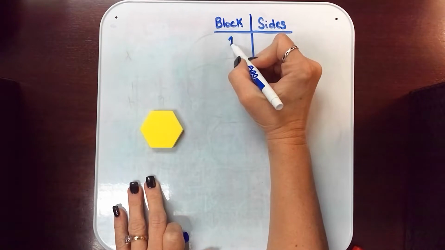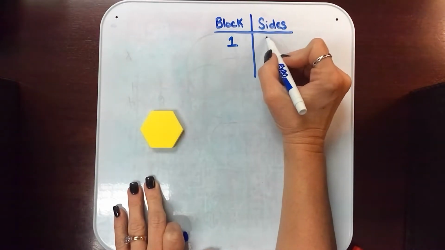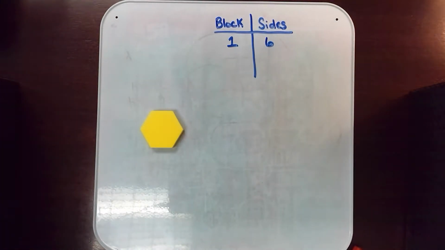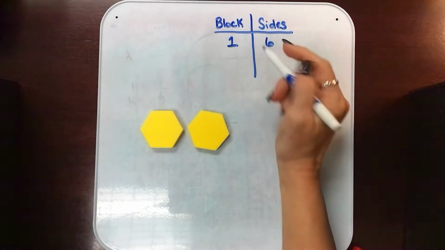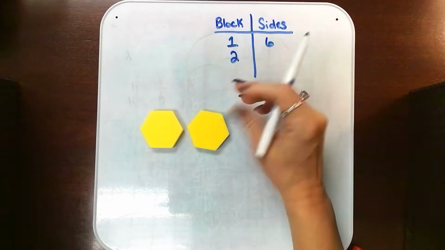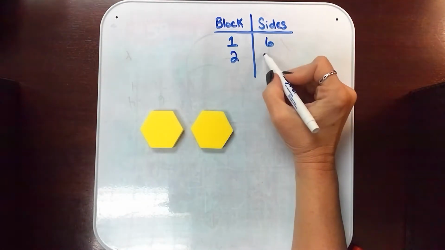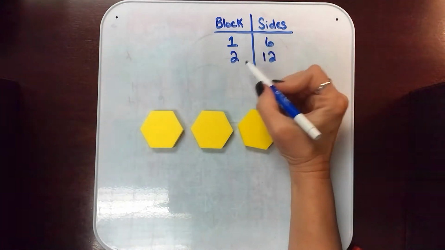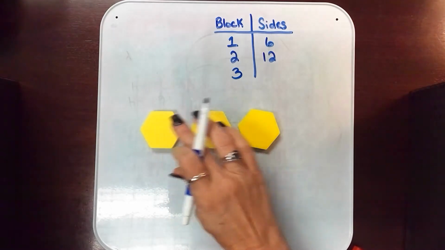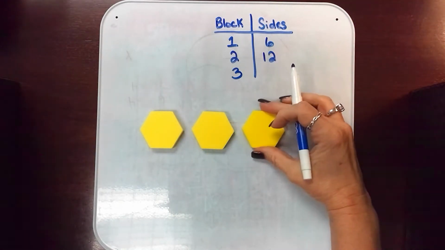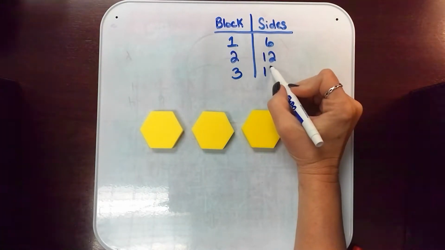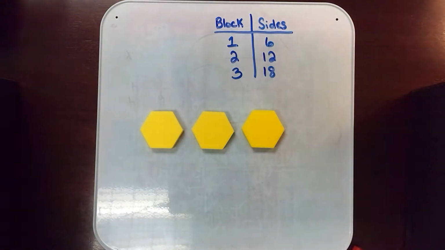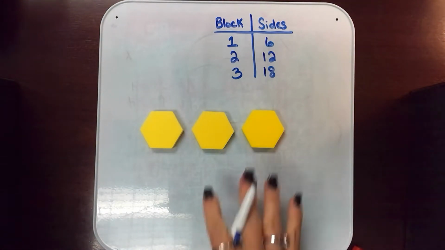So one hexagon has 6 sides, right? So what if I have 2 hexagons? 2 hexagons, 6 plus 6 is 12. 3 hexagons, 6 plus 6 plus 6 is 18. And so forth, and you can continue the table with that.